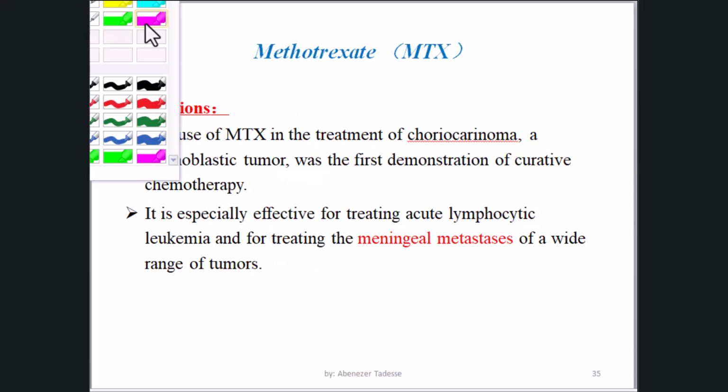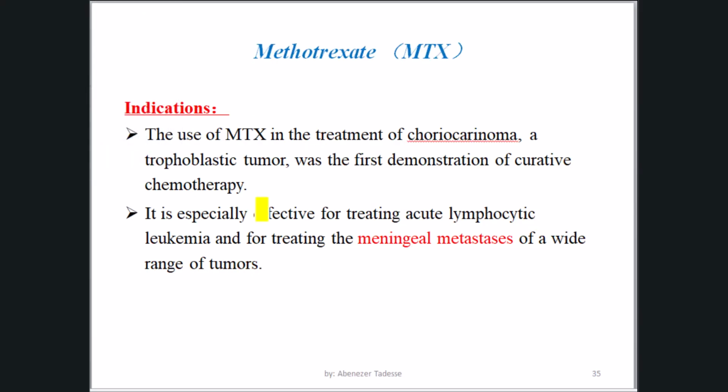The normal indication of methotrexate is choriocarcinoma, especially placental cancer, because placental tissues are highly regenerative. So if there is cancer there, we can easily target it with methotrexate. Another indication is ectopic pregnancy, especially for termination of pregnancy outside the normal uterus, particularly in the fallopian tube.